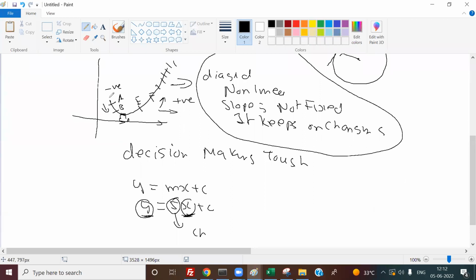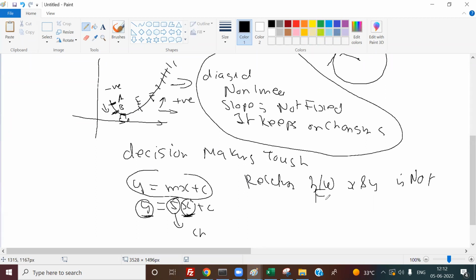So it means the impact of x between A and B would be different compared to the impact of x between E and F, because slopes have changed. So if slope is changing, इसको note down कर लो, relation between x and y is not fixed. It keeps on changing.